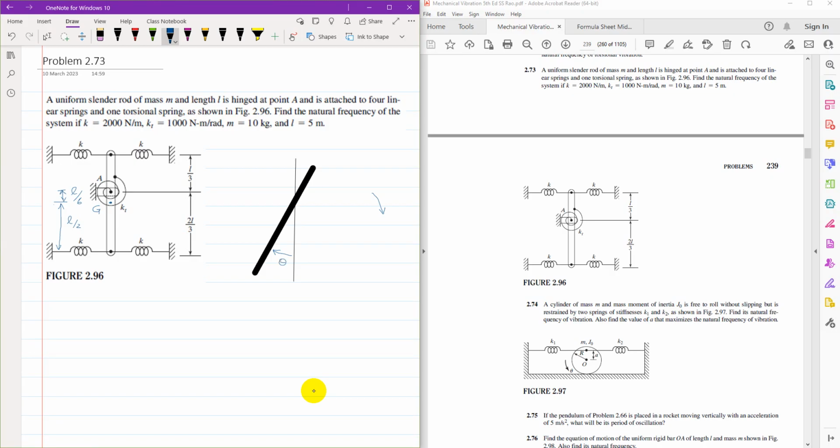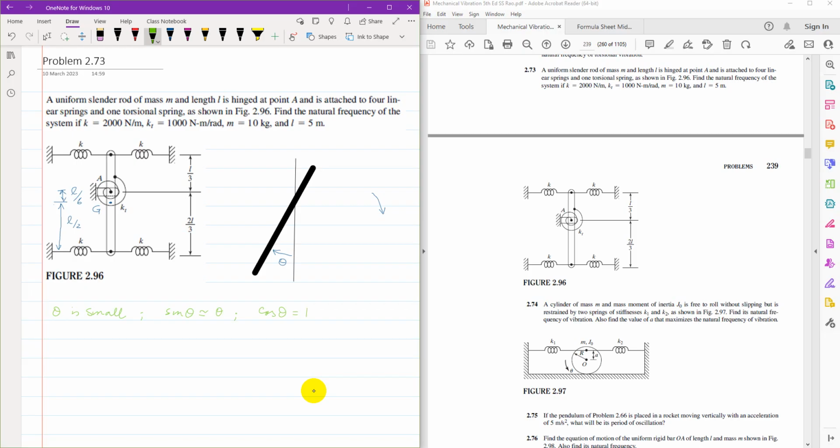The assumption about angle theta is that theta is small, small in radian. So sine theta is nearly equal to theta, and cosine theta is equal to 1 for this case.